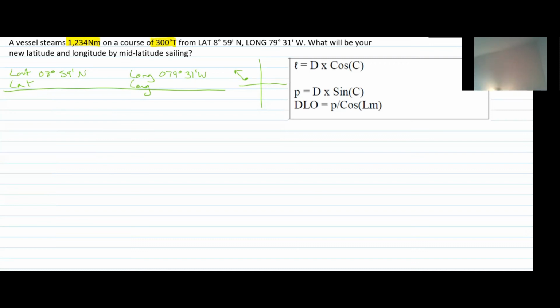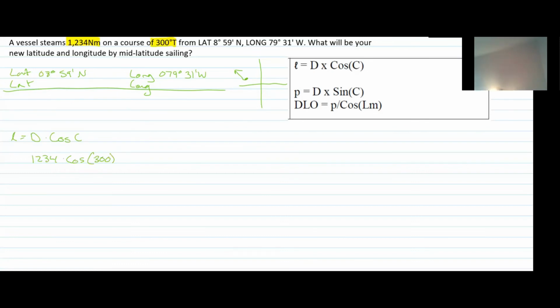Then we'll go straight into our first formula, which is little l equals d times cosine of c. Little l is our distance between our latitudes. So d is 1,234 times cosine of c, which is 300 degrees.